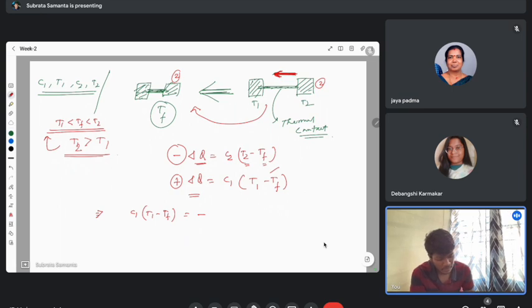So we can equate this to delta Q, the same amount of heat extracted from the system, and this amount of heat added to the system. That's why they are in thermal equilibrium. Then C2 is T2 minus TF, so we can calculate TF is (C1 T1 plus C2 T2) by (C1 plus C2).